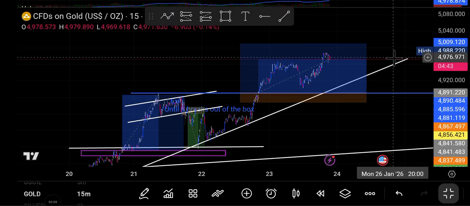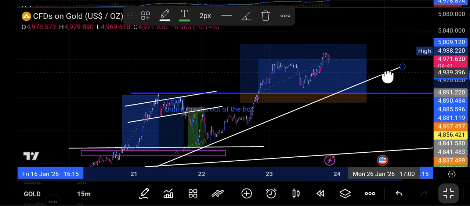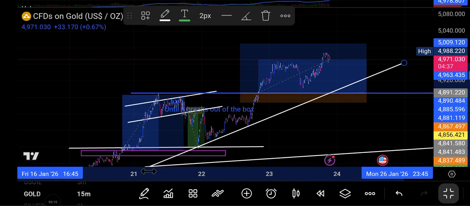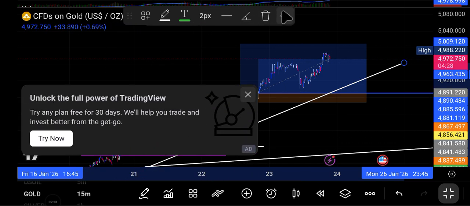So again, as you can see, we have a minor trend line. Let me show you why I'm still holding this trade, by drawing all this to the side.